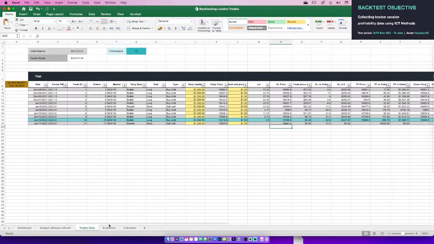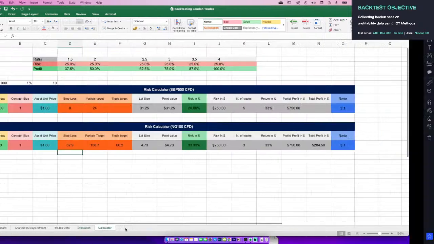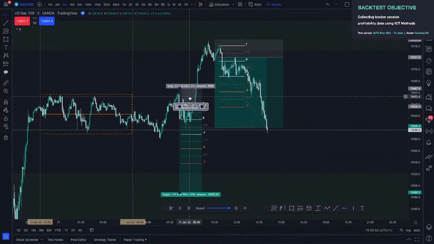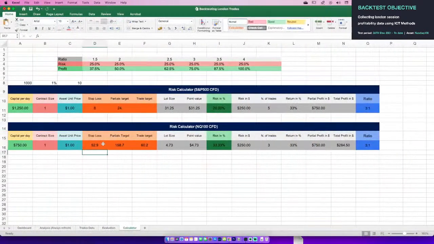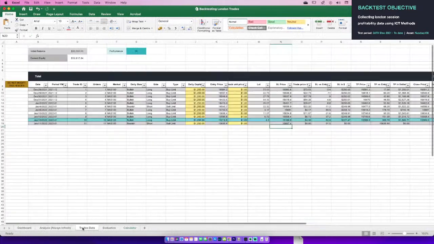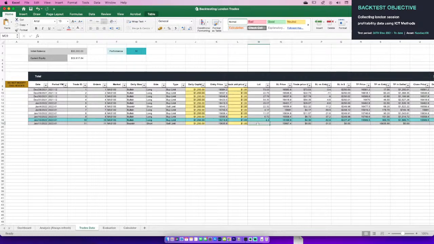And the lot size here would have been, so how many points are we talking about? 31.1. Stop loss would have been 8.04.